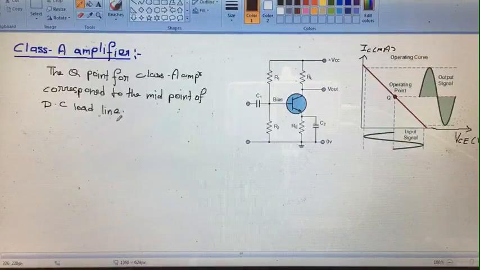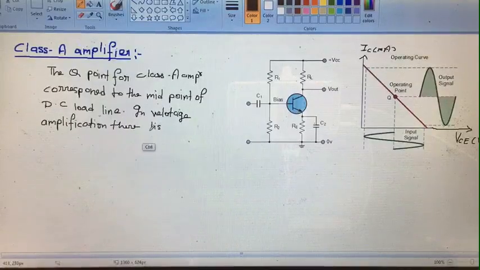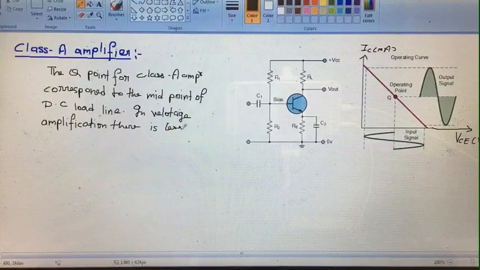Such a type of amplifier gives voltage amplification without distortion. It means this is used for voltage amplification, in which there is less distortion.